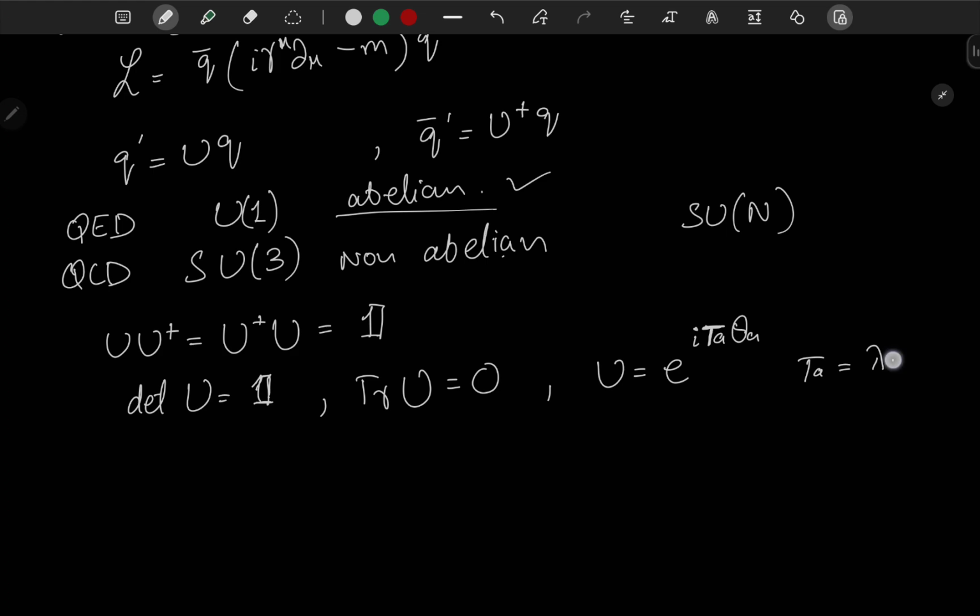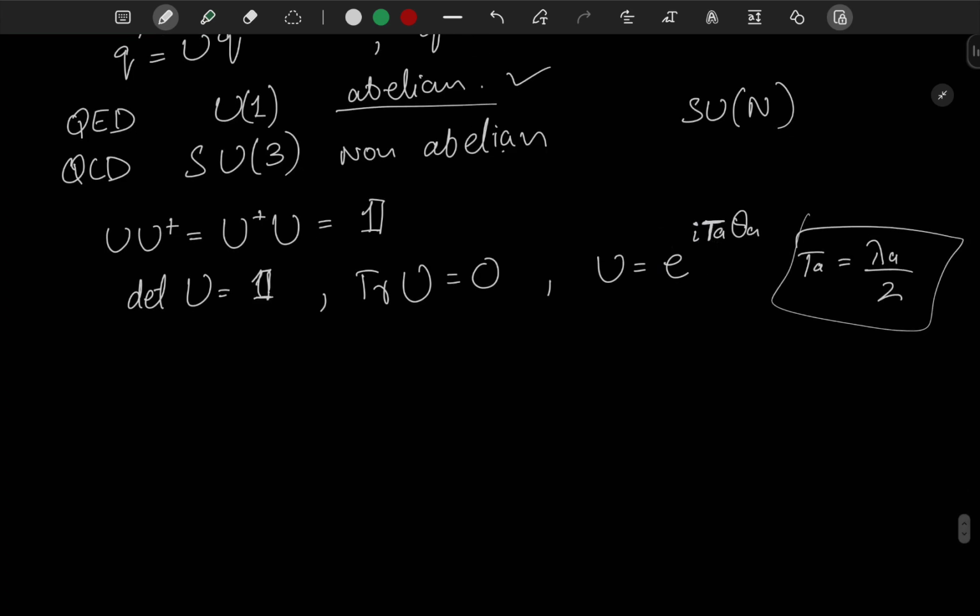It will have this form, later we will see, and lambda_a will be called the Gell-Mann matrices. Yeah, there will be 8 generators.